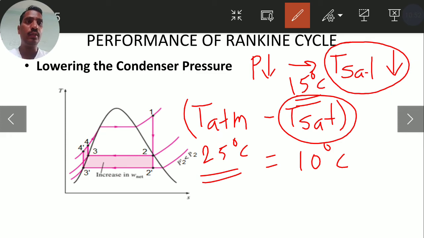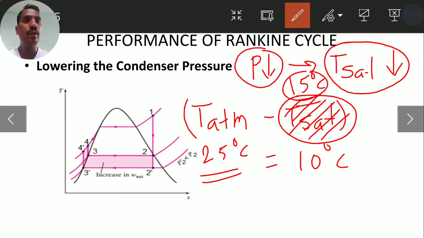So from this we can fix the T saturated temperature, and if you fix the T saturated temperature, the corresponding pressure P2 is fixed. So the lowest condenser pressure depends upon the surrounding or atmospheric temperature at which we are rejecting the heat.